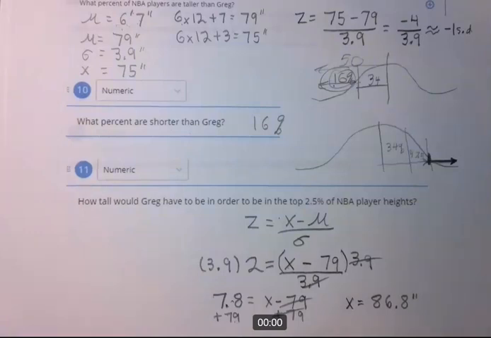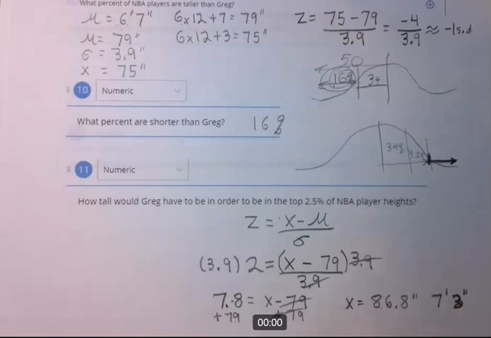So he's taller than 97.5% of the NBA players. And if you converted that to feet, that would be 7 feet 2.8 inches. Let's just round it up to 7 feet 3 inches.